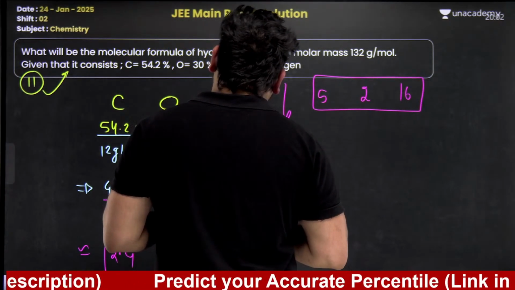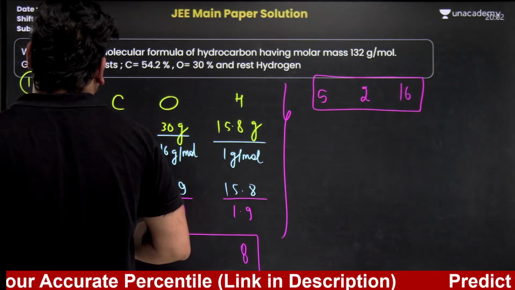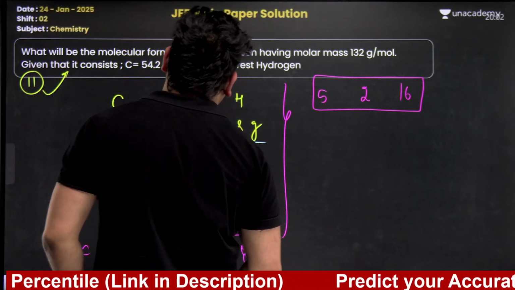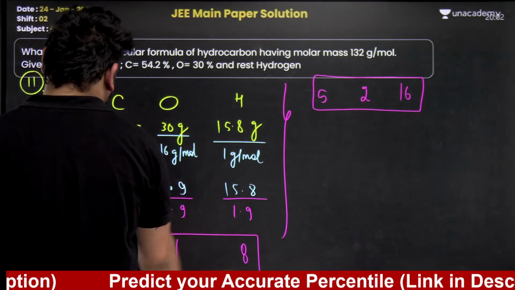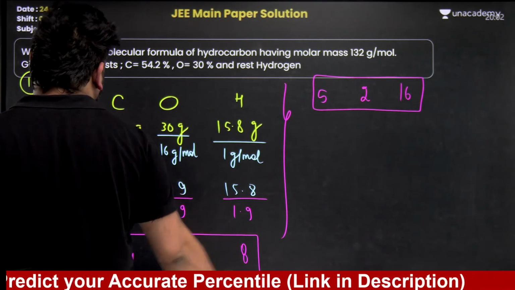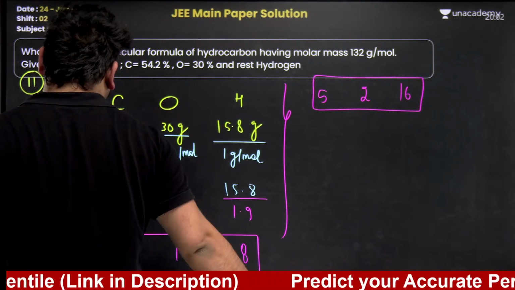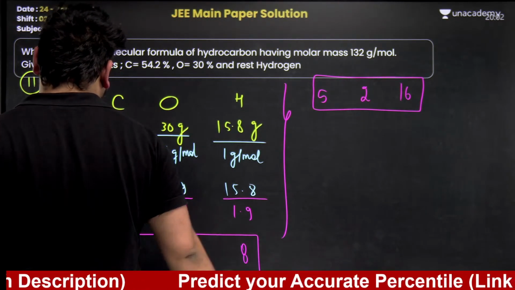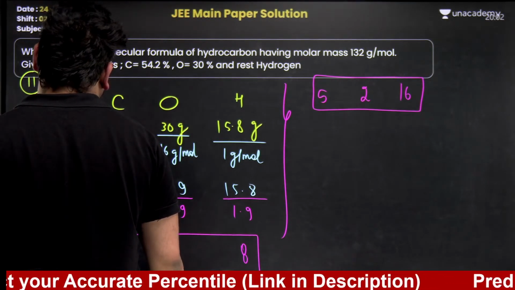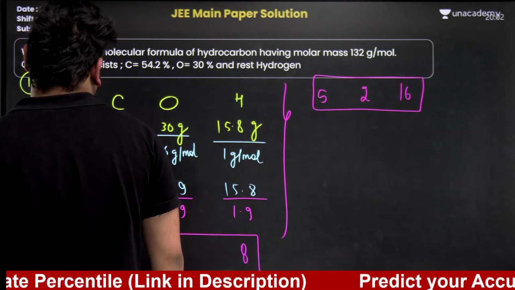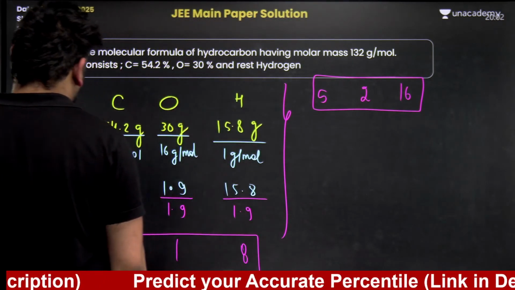And what else do we have? Hydrogen will be the remaining 15.8, right? This is your 84.2, so you have 15.8 grams of hydrogen. Let's say we divide by 2, we'll be getting 8, 1, and then 2.25 will be coming right there. It's too much of a number that we are getting here.